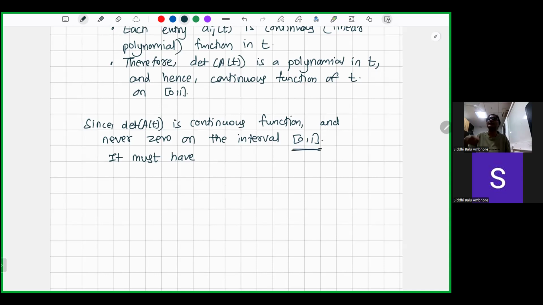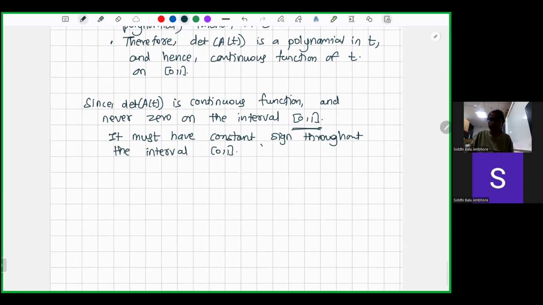If it is negative at t equal to 0, the determinant will remain negative throughout the interval t from 0 to 1. So it must have constant sign throughout the interval [0, 1].